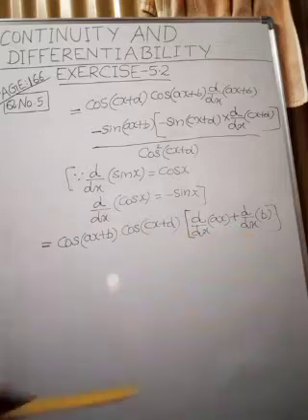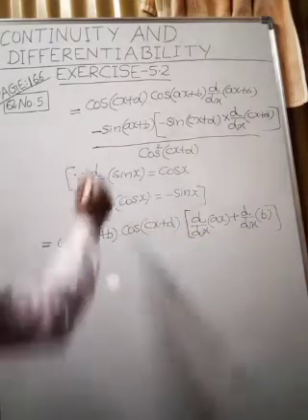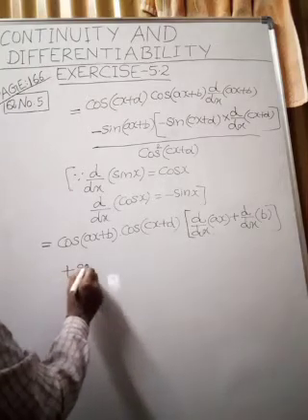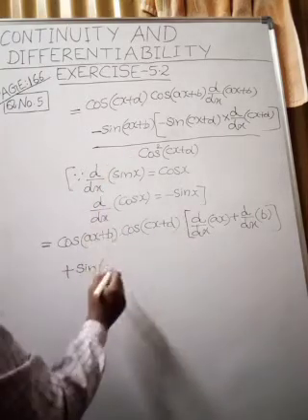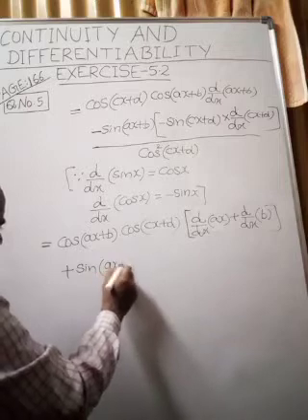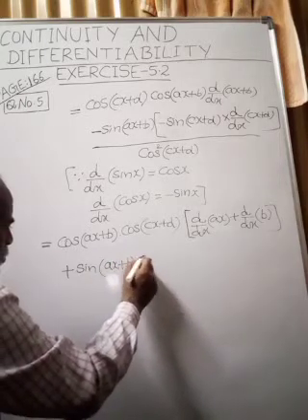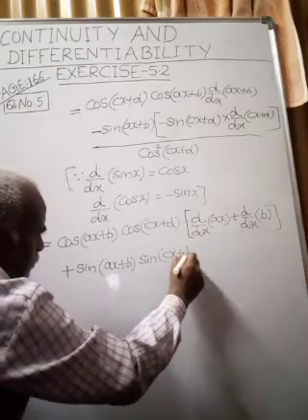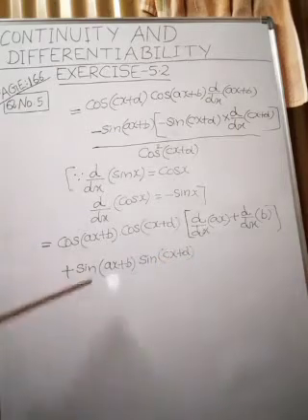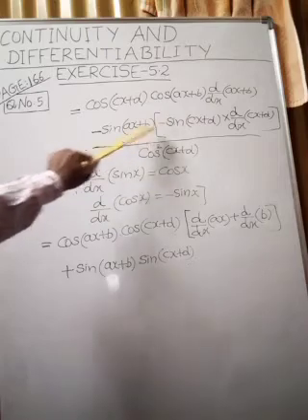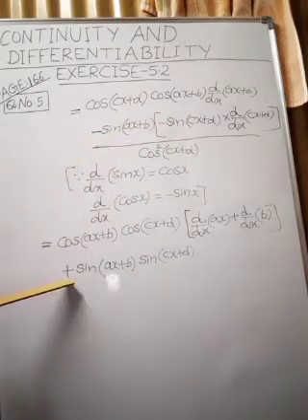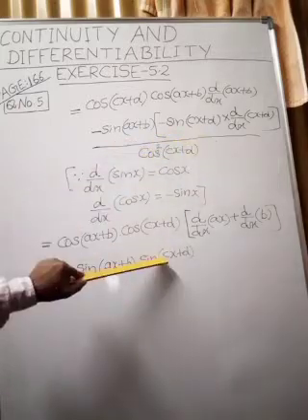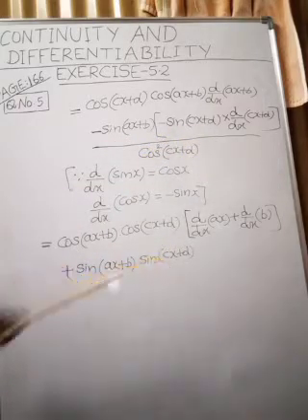Understood this part, my dear children? Minus into minus, what do you get here? Plus sin of ax plus b into sin of ax plus b, minus into minus, what will you get here? Plus sin of ax plus b into sin of cx plus d. Understood this part, my dear children?